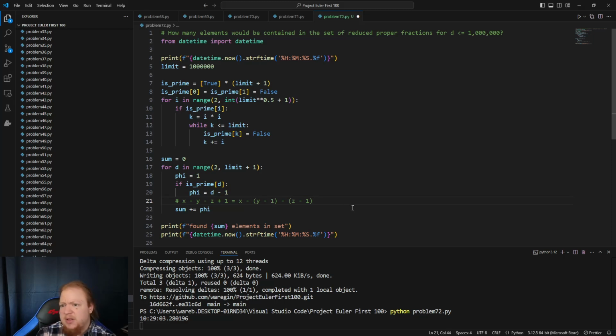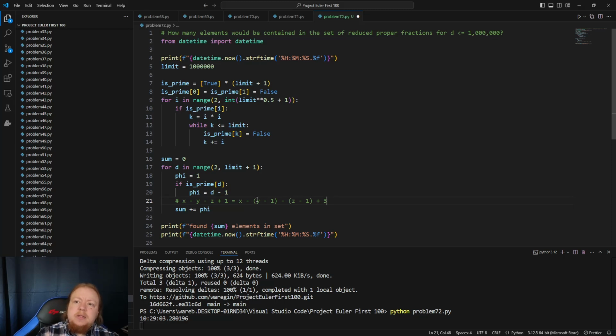I think it would be plus 3, yes? So if we did x minus the phi of y minus the phi of z, then added 3.